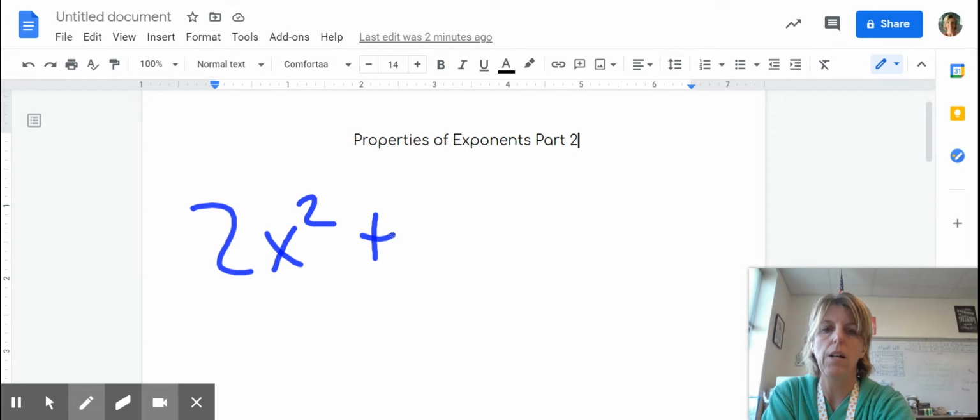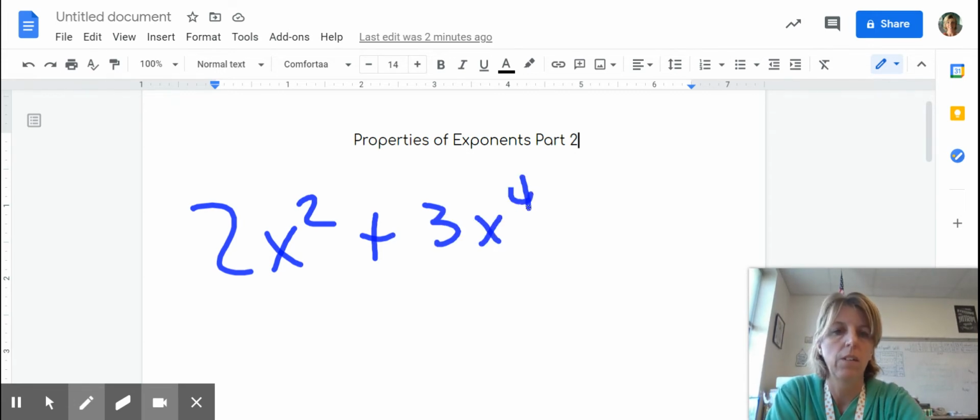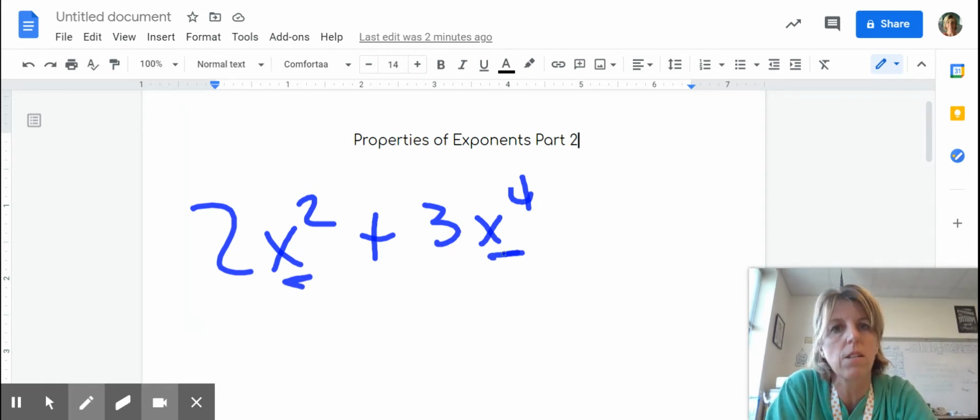This and this are two different things. X squared and x to the fourth are two different things. They're not the same. I can't combine them together.